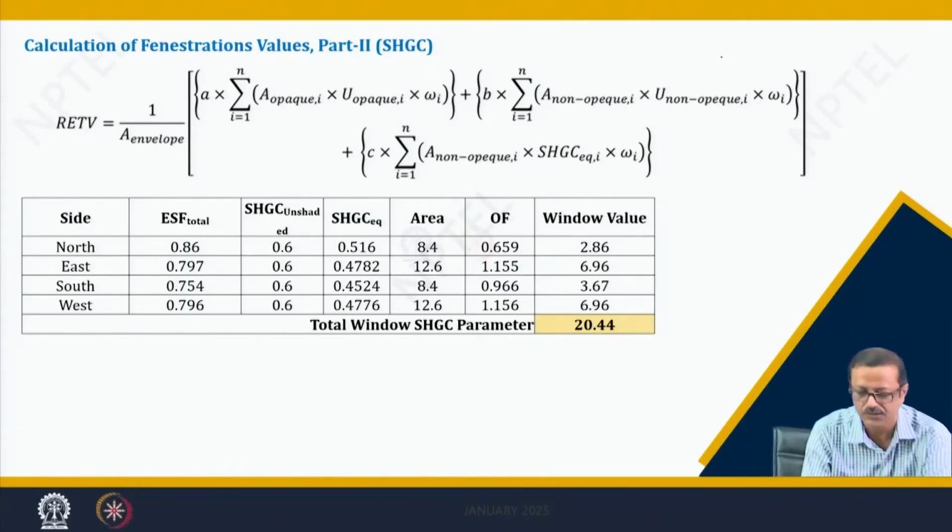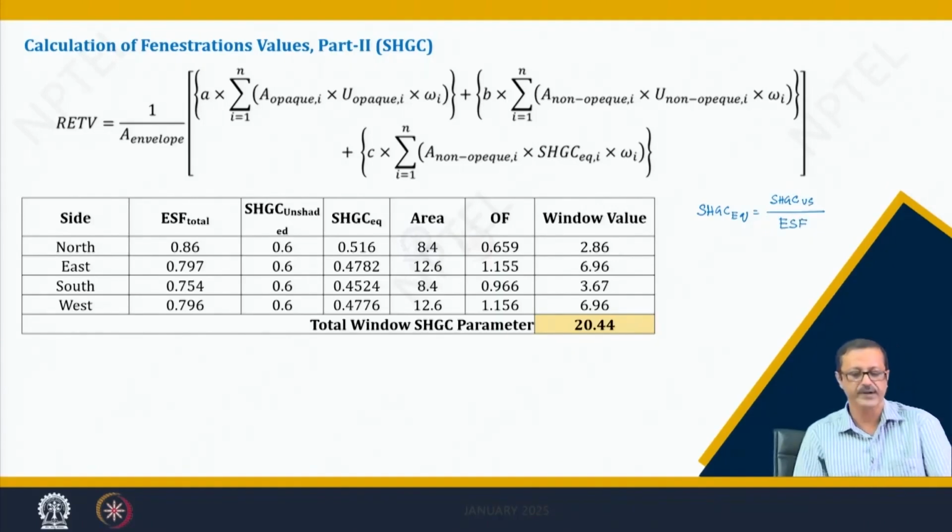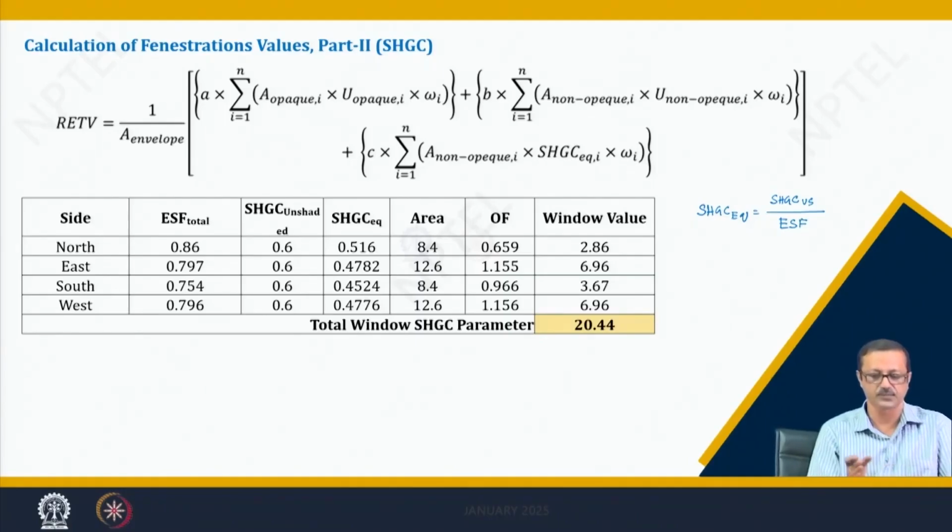The equivalent SHGC is nothing but, if you remember, the SHGC unshaded by ESF. So, by dividing those ESF with the 0.6, I got the equivalent factors.